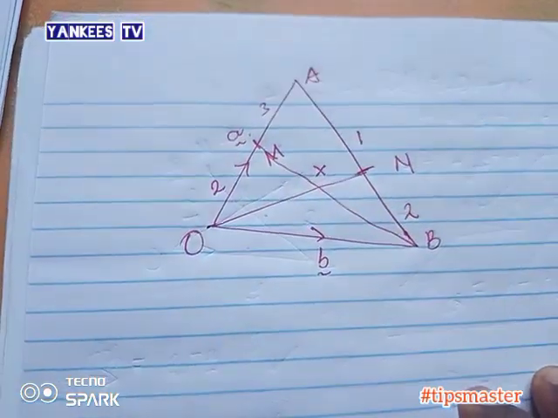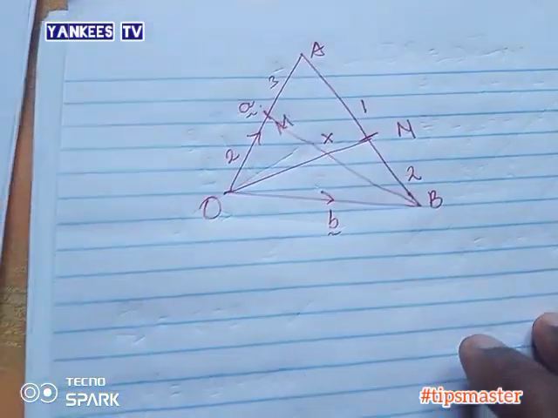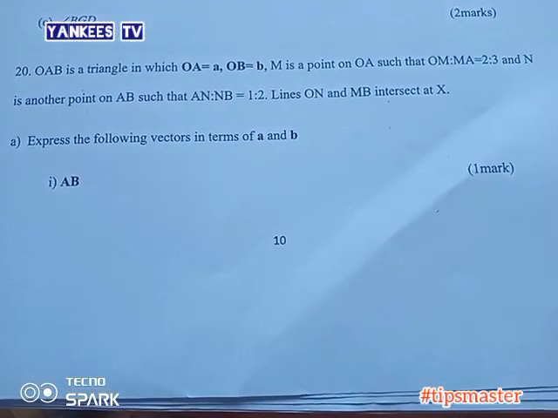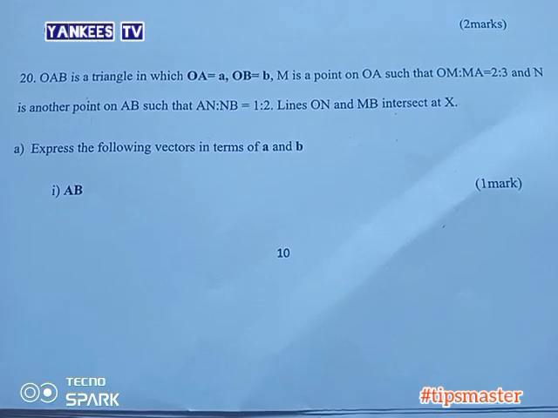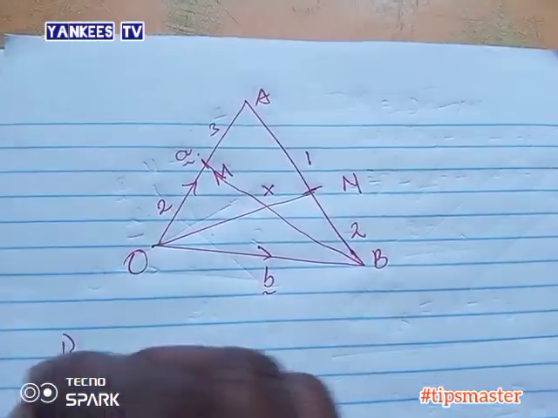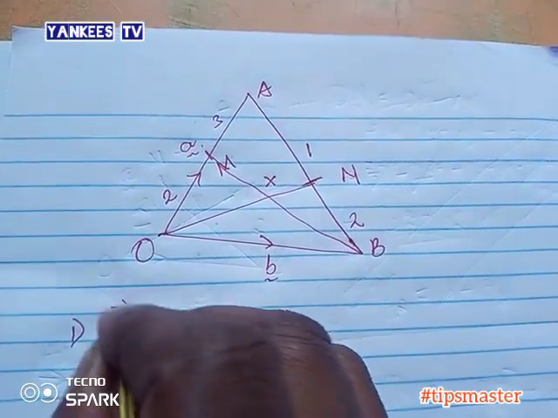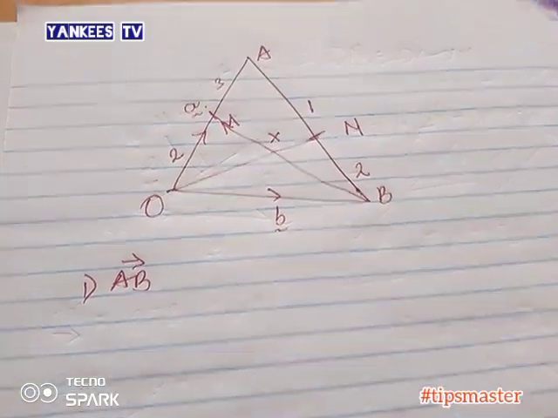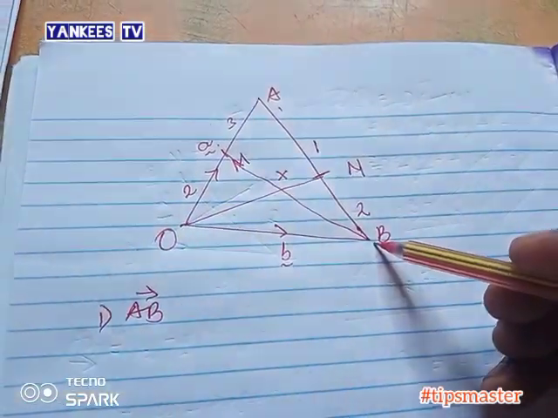So the first thing is to express the following vectors in terms of A and B, and the first vector is AB. So we are at A, we want to go to B. How do we move?